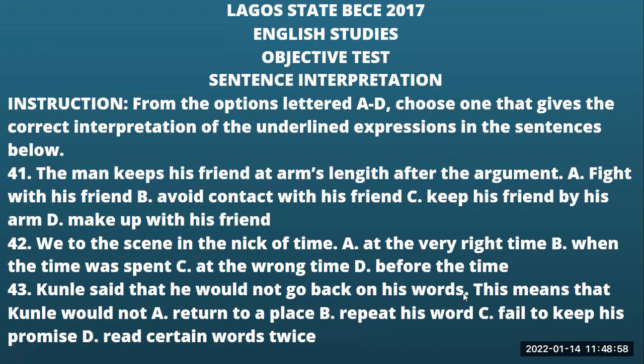Now, with this meaning, let's see how we can figure out the answer. This means that Kunle would not A, return to a place, no. B, repeat his words, no. C, fail to keep his promise, yes. When you take a decision, I'm going to do this, it's a promise.